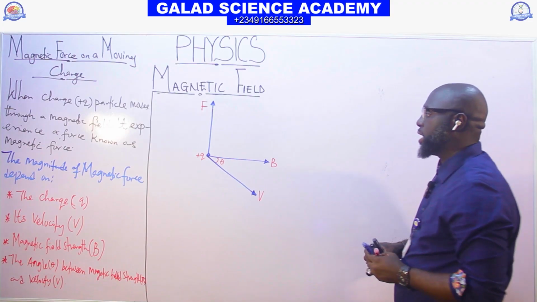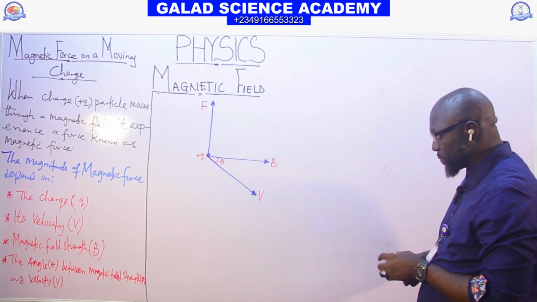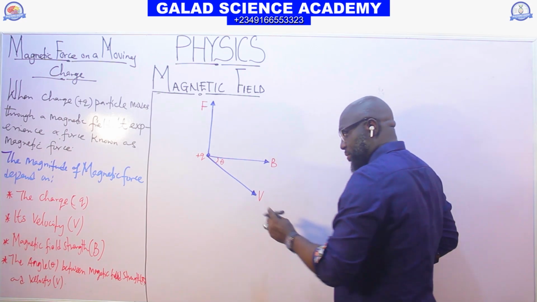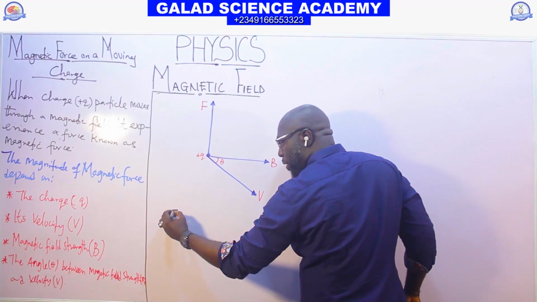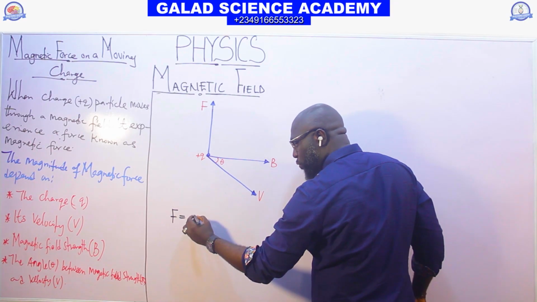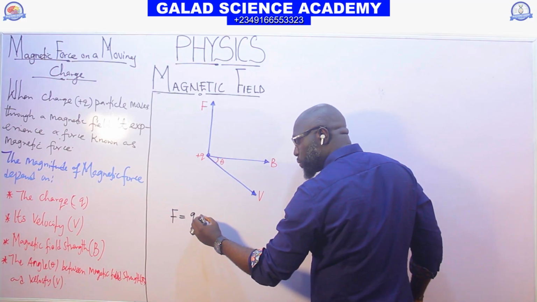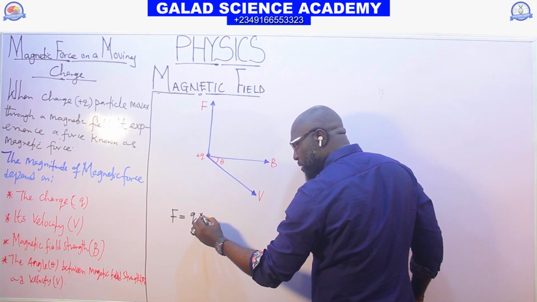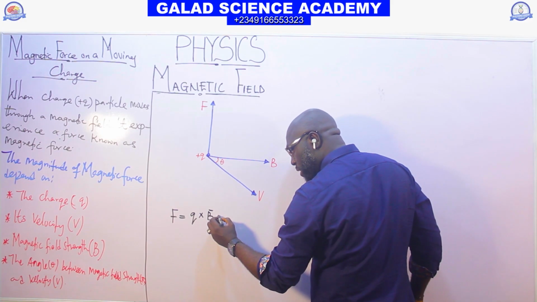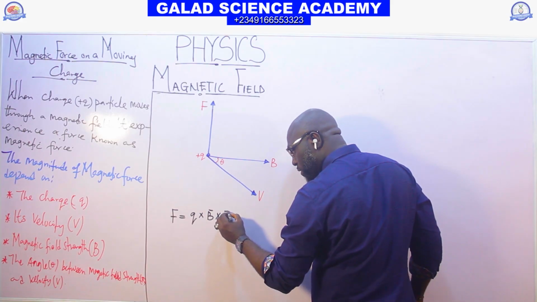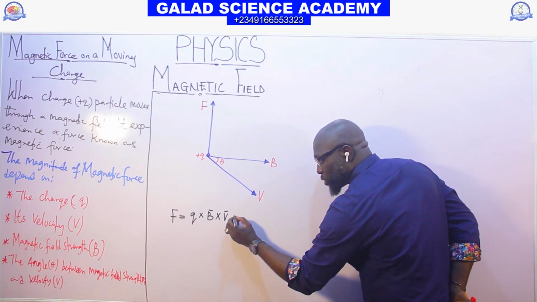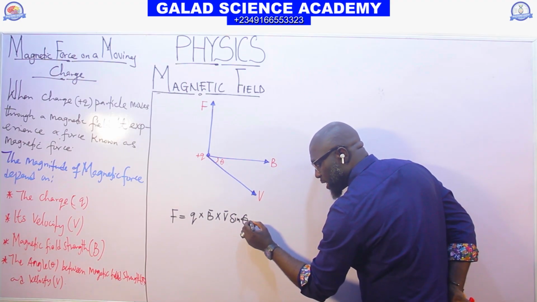This is the angle theta formed. So from this sketch, we can derive that our magnetic force is the product of Q times B times the velocity times sine theta.